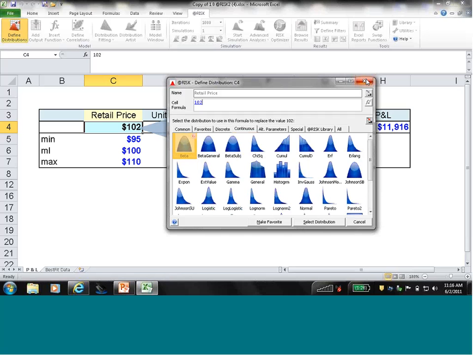Another way would be to do some sort of research on what other people are using for distributions in similar situations. So maybe you're in a LinkedIn group and you go on and ask for some advice on which distribution to use. We can also incorporate expert opinion, which is what we're going to do right now, and I unhid those cells prematurely, I apologize, but we're going to do that right now and incorporate expert opinion.